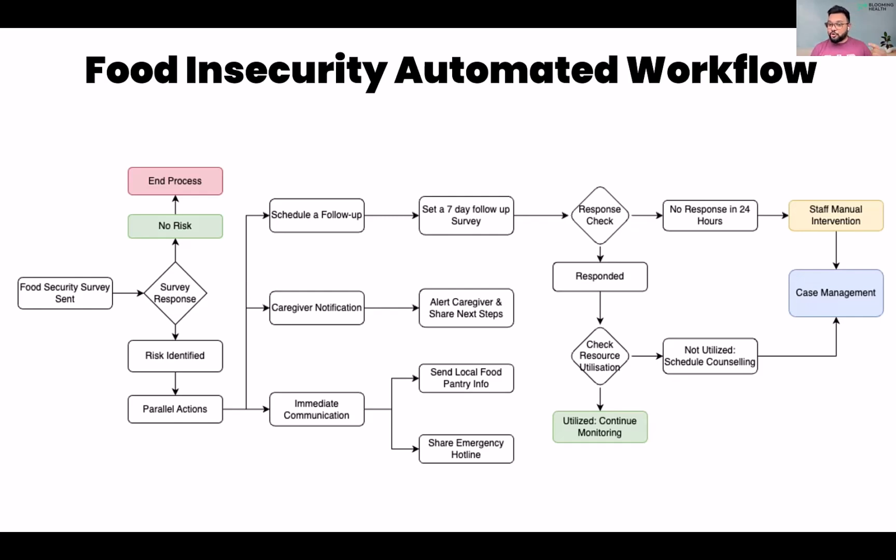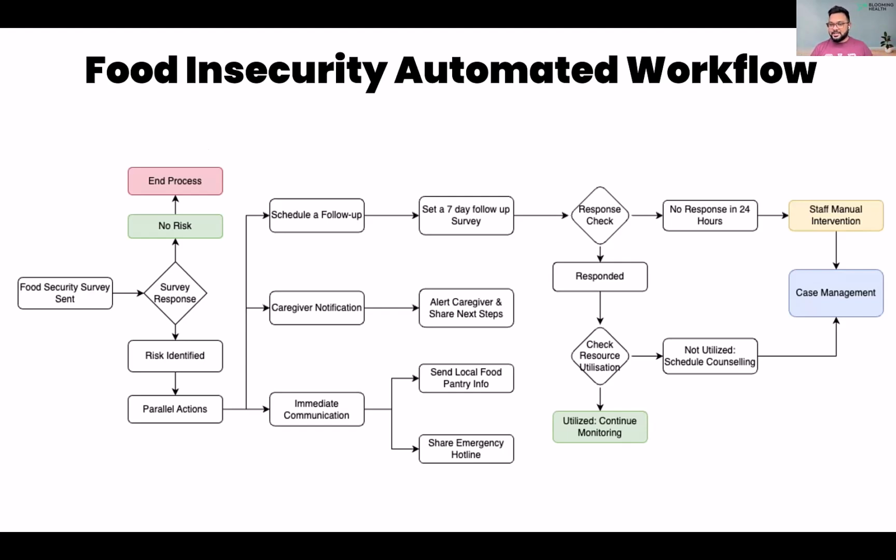Now, at the same time, it also schedules a follow-up survey to check in on the member after 7 days, to see whether they started utilizing the services or not. If this member responds to the survey and says that they have started utilizing the resources, then the organization monitors this individual, whether they are tracking in the right direction or not, and whether the steps that are taken are helping them or not.